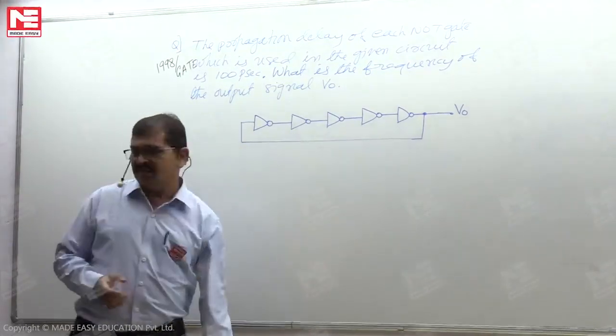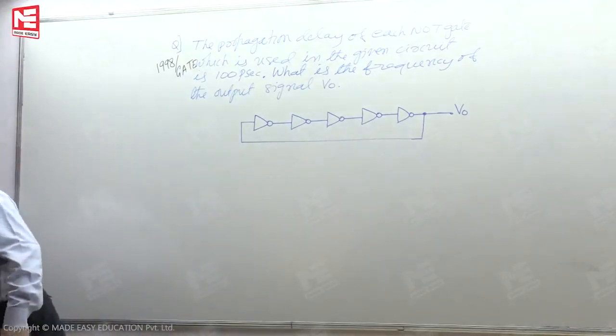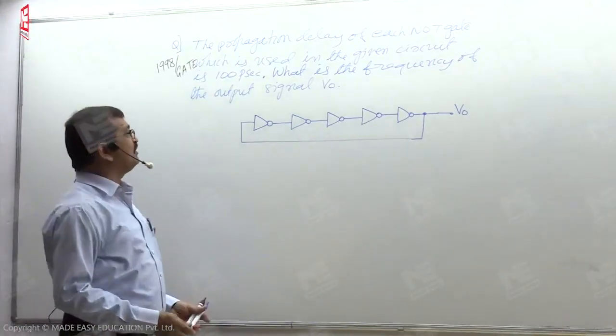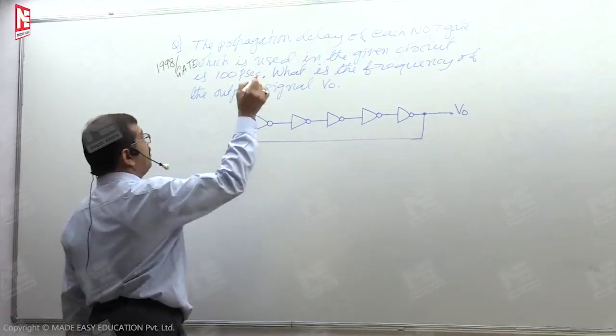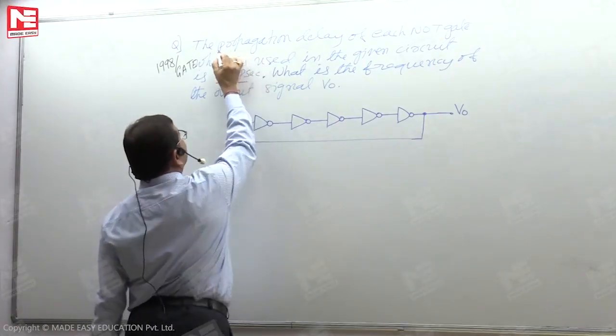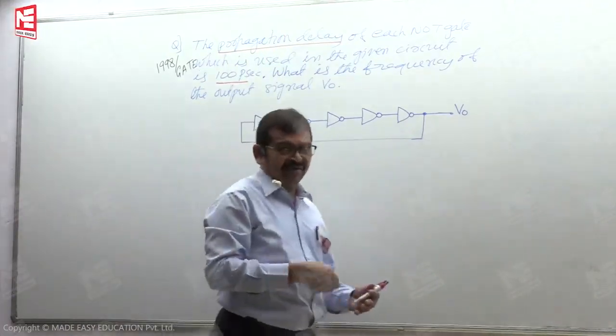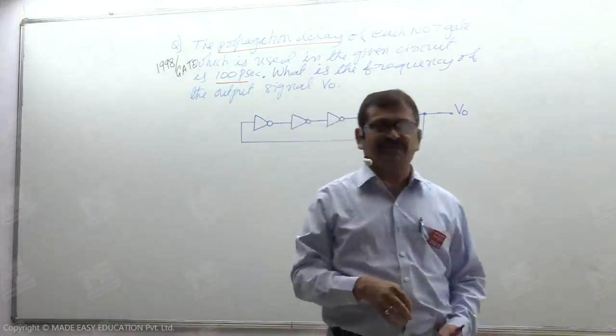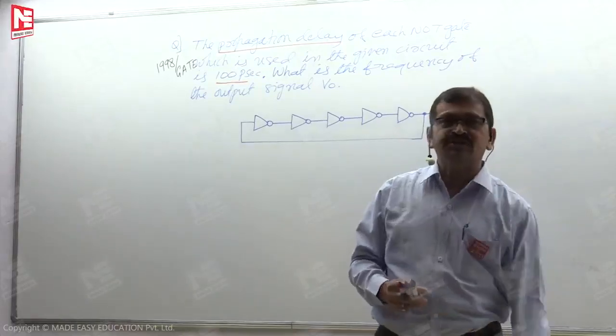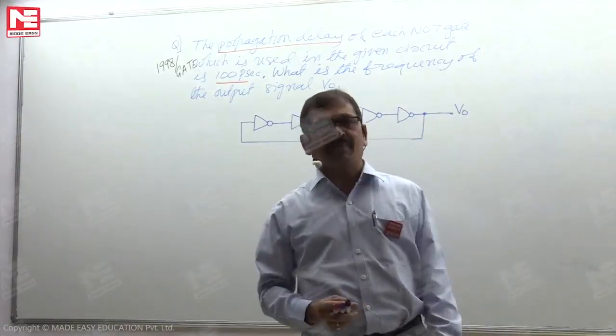Coming to the question description, each gate used in the circuit has a propagation delay of 100 picoseconds. The word propagation delay is one we are using for the first time in our discussion, so let us try to understand its meaning.